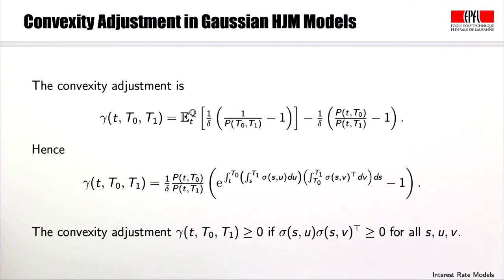Notice that the convexity adjustment gamma is non-negative if the exponent is non-negative, and this holds in particular if the cross products of the sigma are non-negative. This is clearly the case in a one-factor Vasicek short rate model.